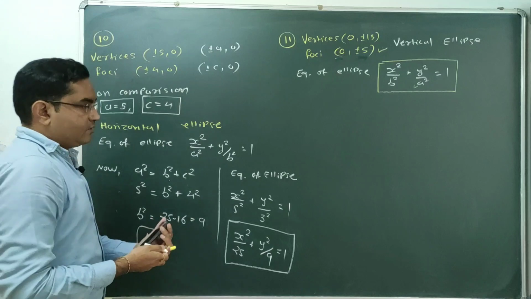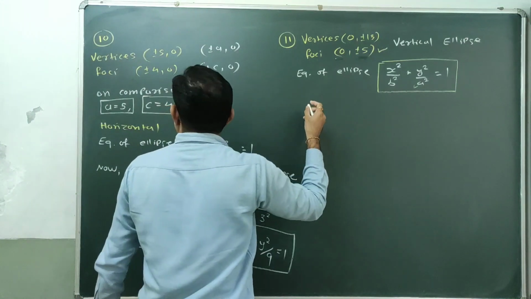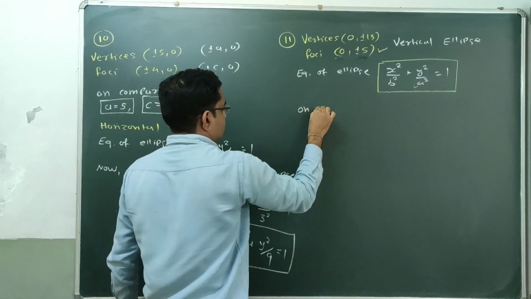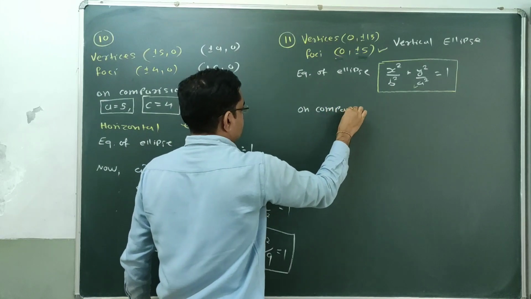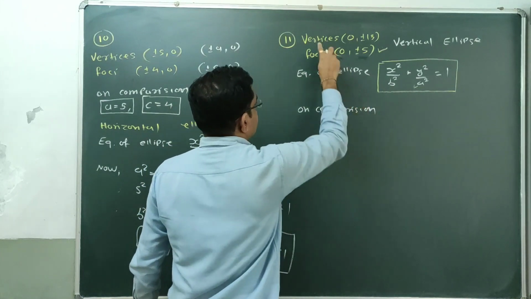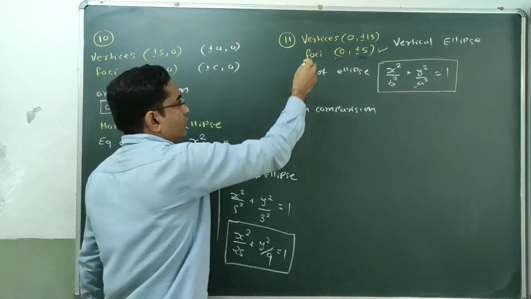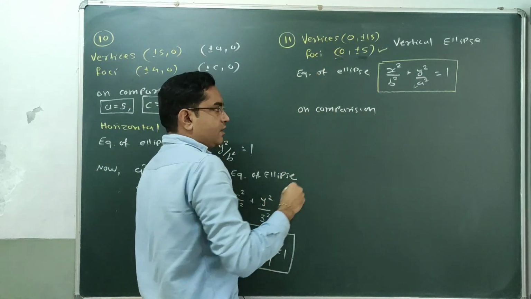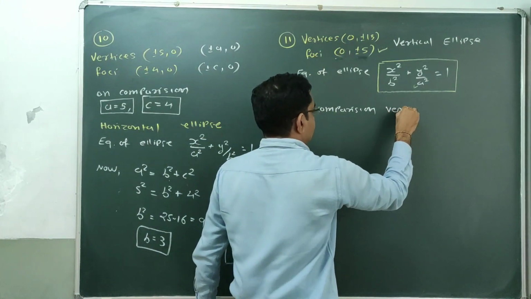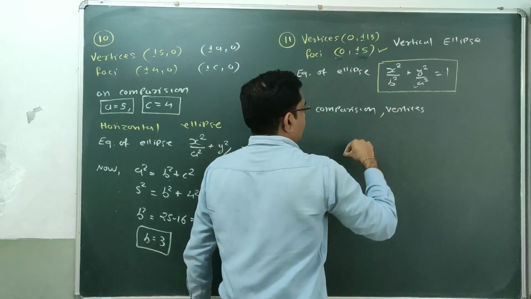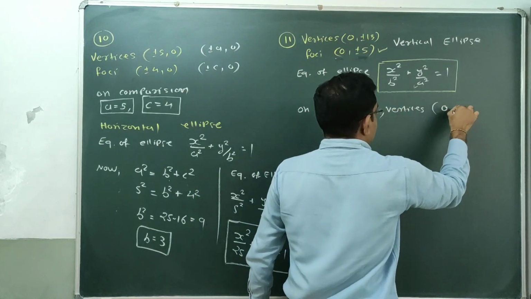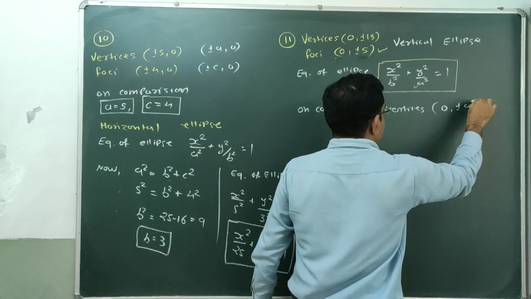So on comparison we are getting the coordinates of vertices. Vertices for a vertical ellipse can be written as 0, plus or minus a.